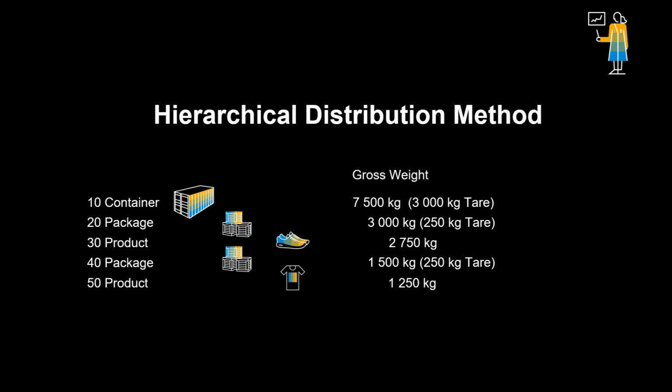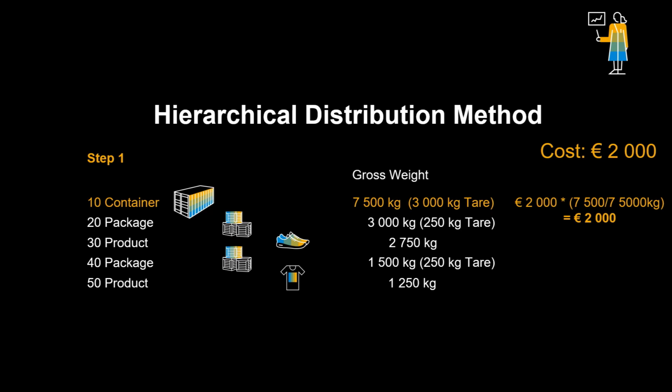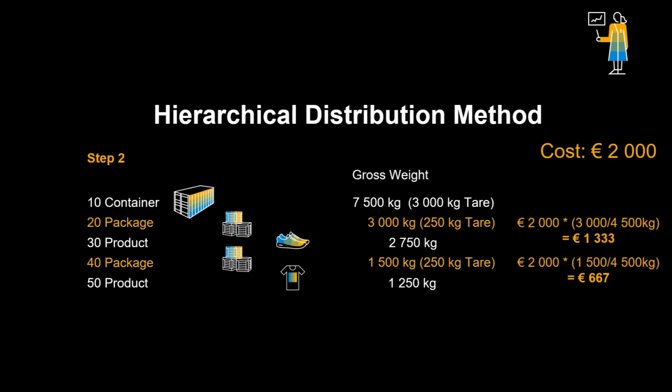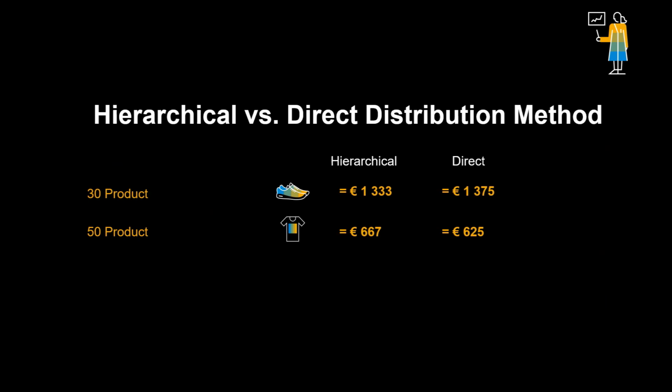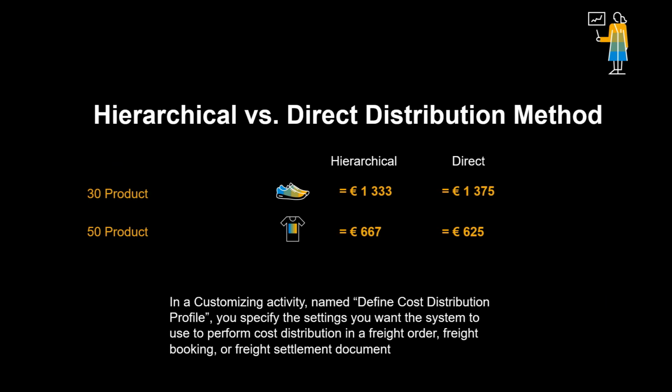In the hierarchical distribution method, we consider the packaging structure and split the cost based on that, in a hierarchical, stepwise approach. The two methods may lead to slightly different results. Through configuration, you can determine by yourself what your preferred method would be.